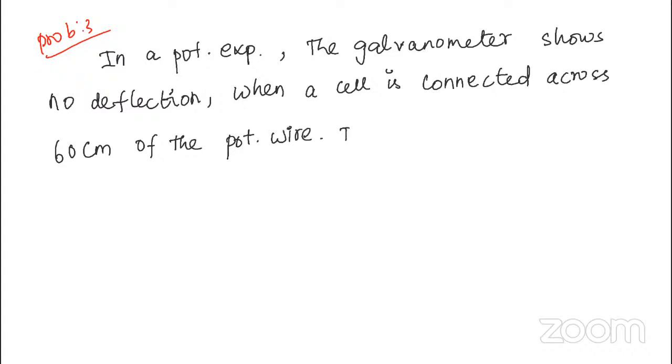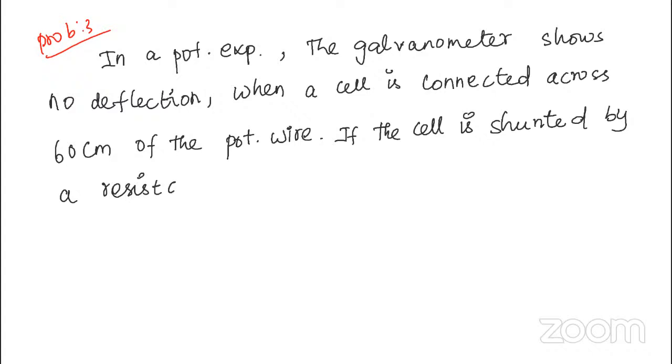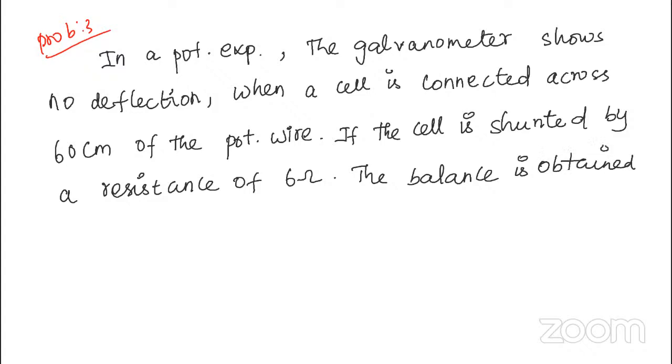Then if the cell is shunted by a resistance of 6 ohm, the balance is obtained across 50 centimeter of the wire.